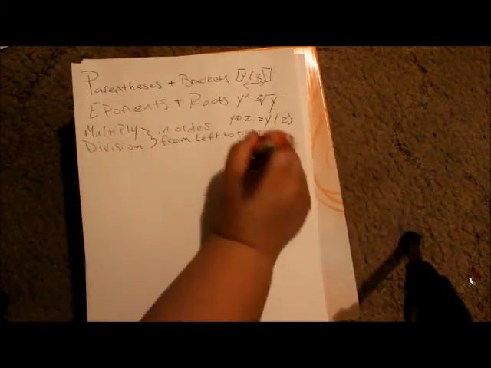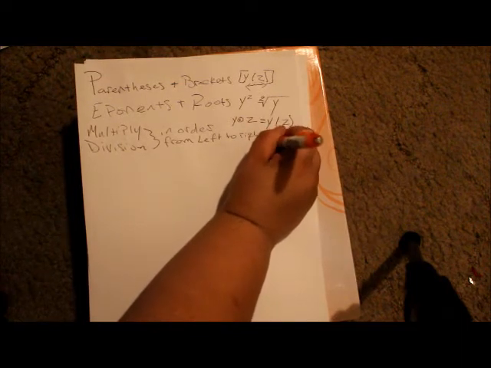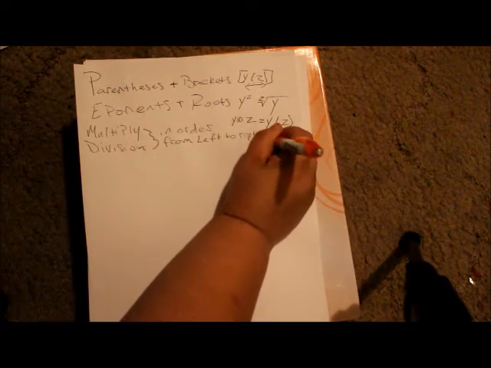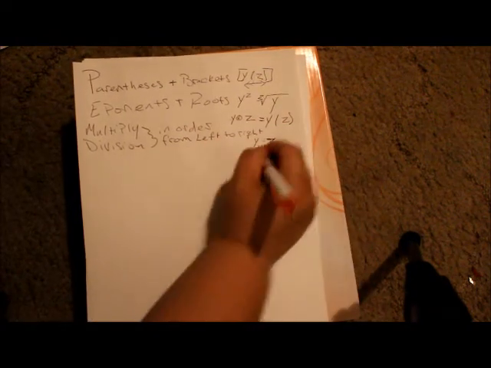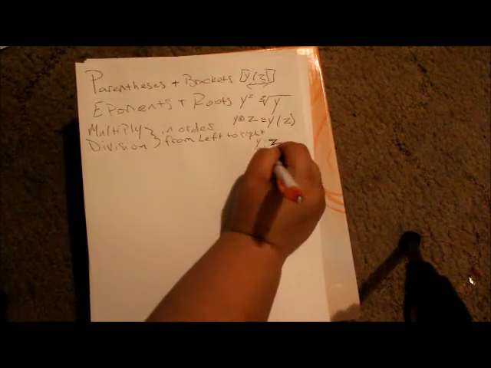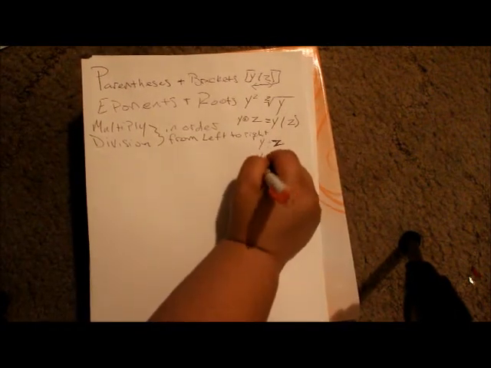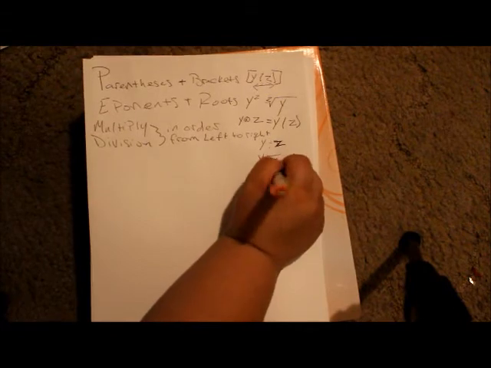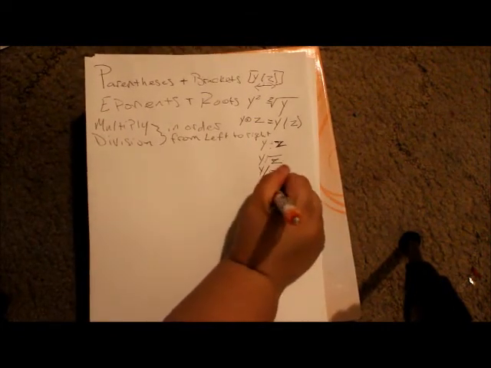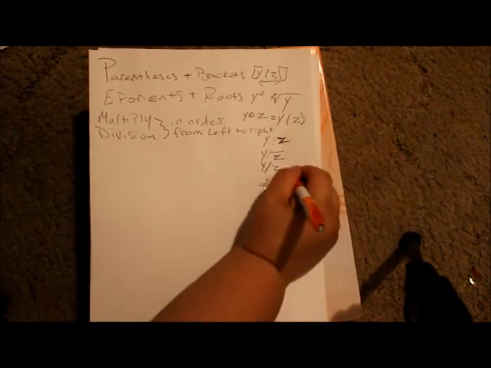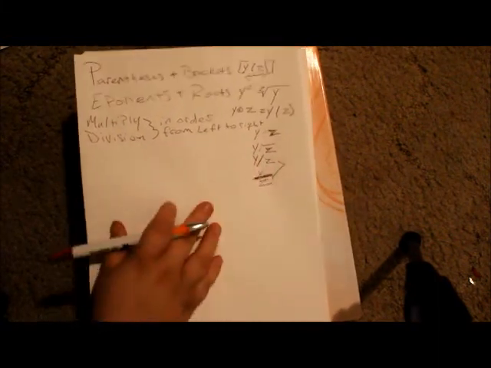And then division, you have Y divided by Z, or Y over Z. Those two are basically the same, it's just the orientation that's different.